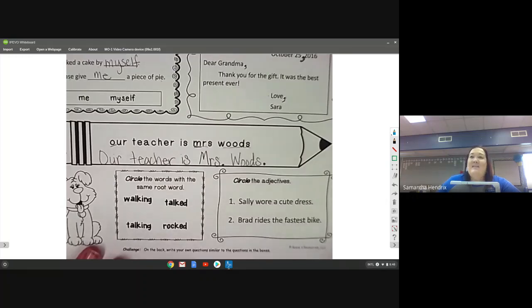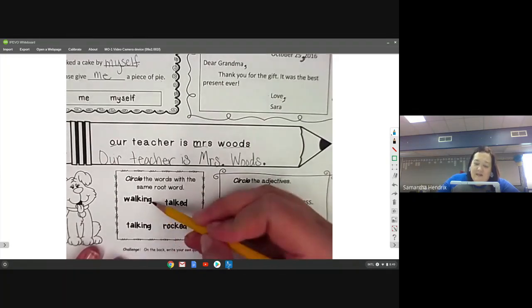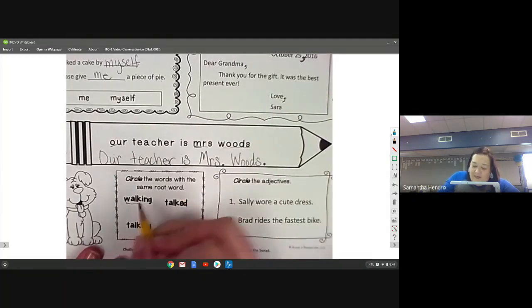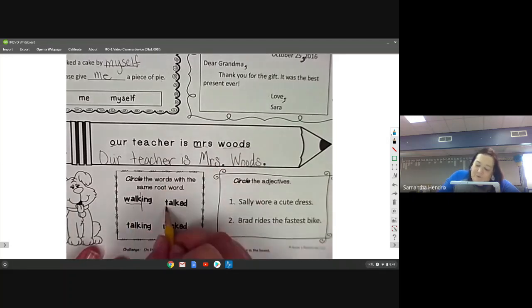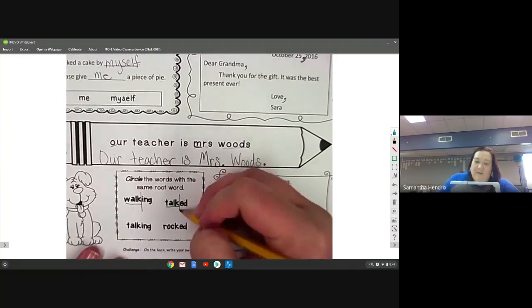We add all kinds of affixes to our words, and affixes is just suffixes and prefixes combined. So I'm going to separate these words from the root word and their suffixes. So walking, the base word for walking is walk. The root word for talked is talk.